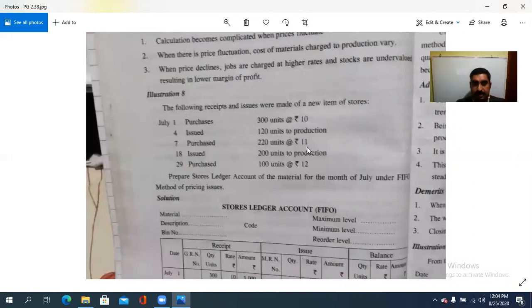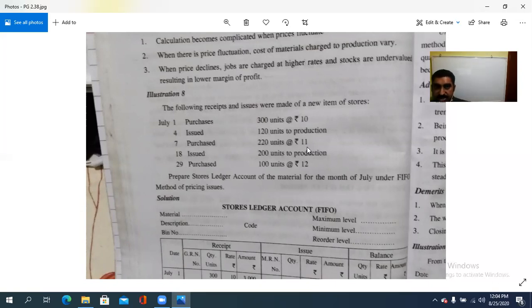The following receipts and issues were made of a new item of store. July 1, purchases 300 units at rupees 10. On the 4th, issued 120 units to production. Then on the 7th, purchased 220 units at rupees 11.